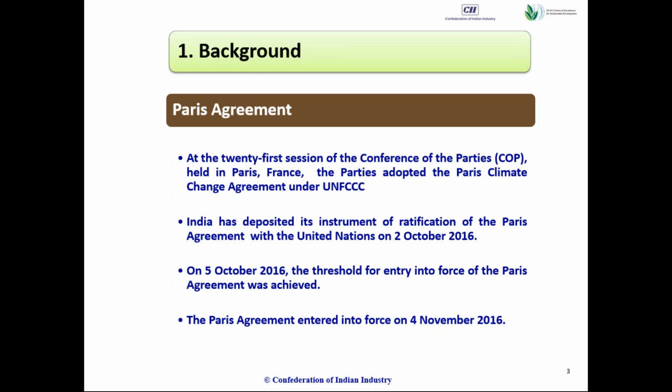So under the Paris Agreement, a new kind of mechanism will develop. However, the shape it will take is still not clear. The Paris rule book, which will give further details of this new mechanism, will be ready by November 2018. So by November 2018, it will become clearer what this new carbon mechanism would be.